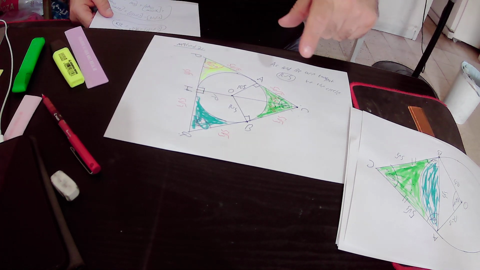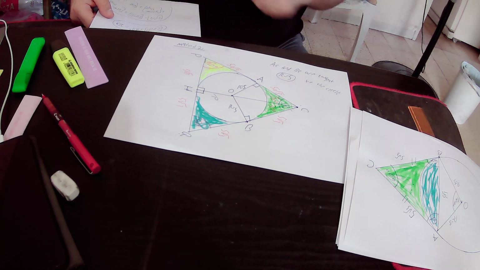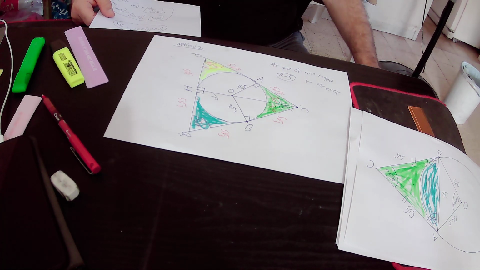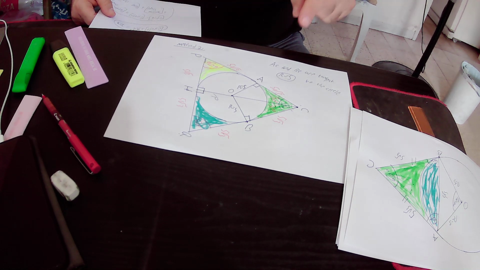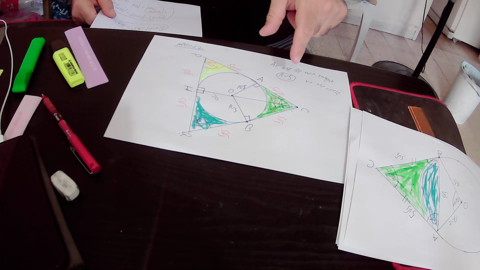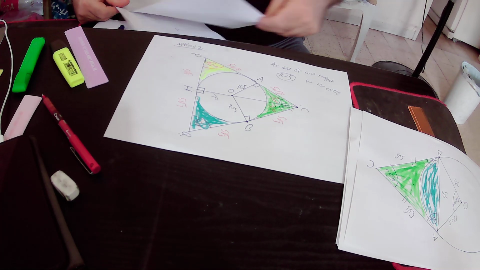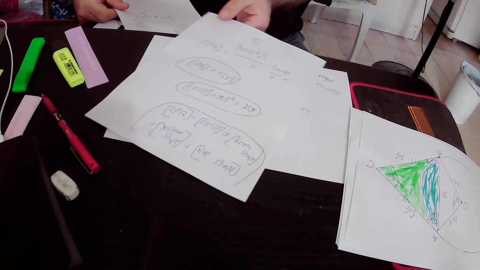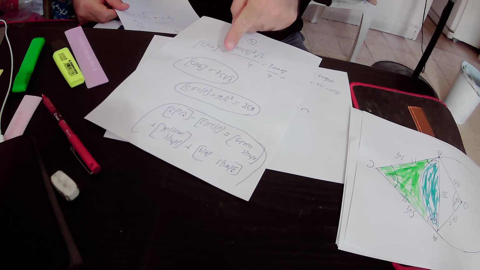So triangle CPQ is an equilateral triangle, and so the area of the equilateral triangle CPQ equals, if the side is 10 times root 3, 10 times root 3 times root 3 over 4. So the area of triangle CPQ equals 75 times root 3.